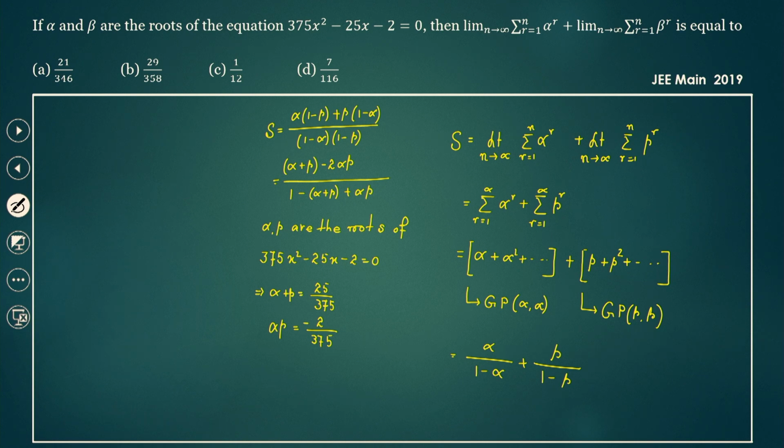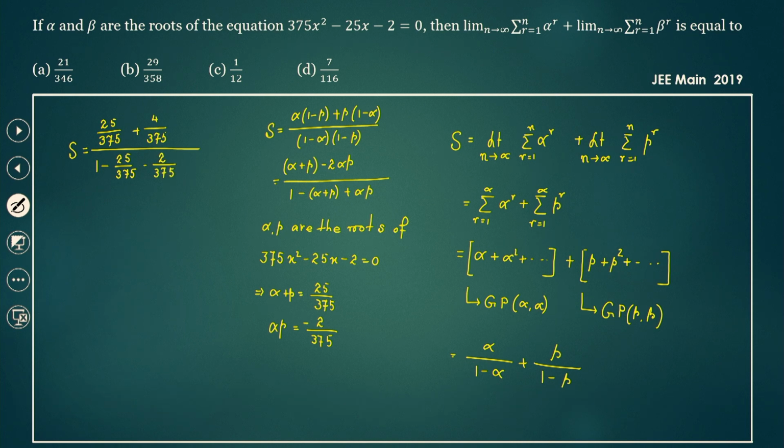Now we just need to put it in this given form. So S is equal to, let's substitute the appropriate values: 25 divided by 375 plus 2 divided by 375 multiplied by 2, which I change here as 4. Then we have 1 minus 25 divided by 375 minus 2 divided by 375.